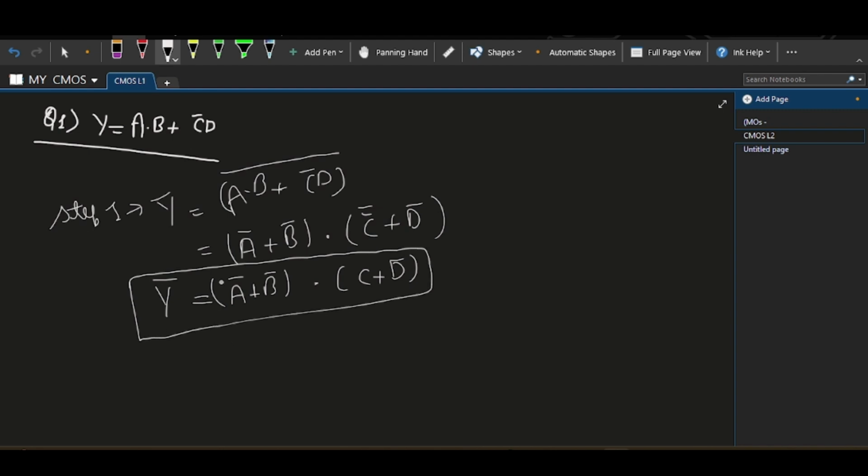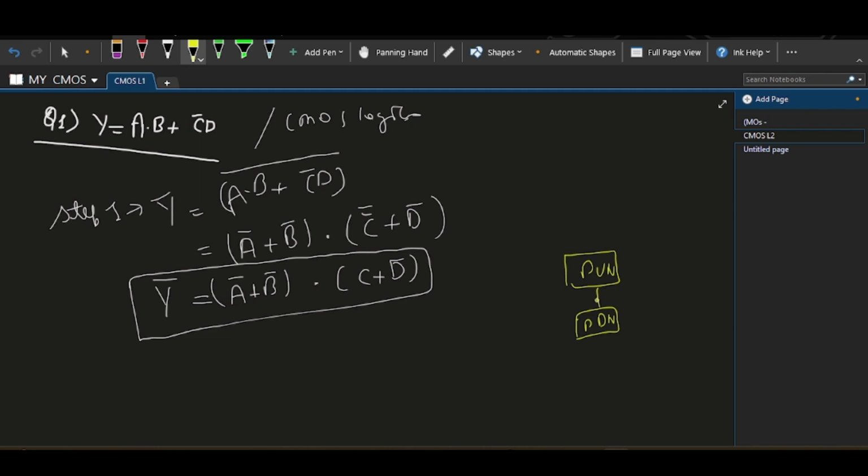Now the question says to implement this through CMOS logic. So if you are familiar with CMOS logic, then you might know what it is. In CMOS logic, two blocks are there, or we can say two networks are there. PUN stands for pull-up network and PDN stands for pull-down network.